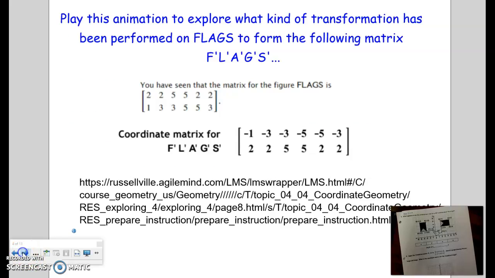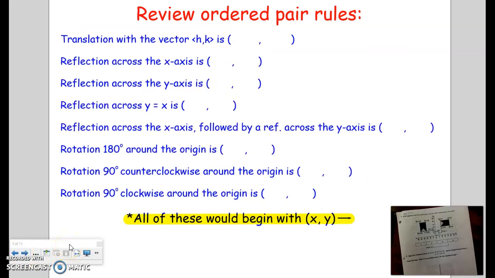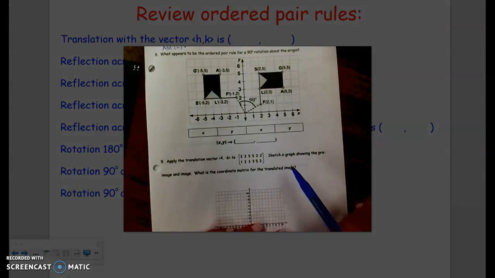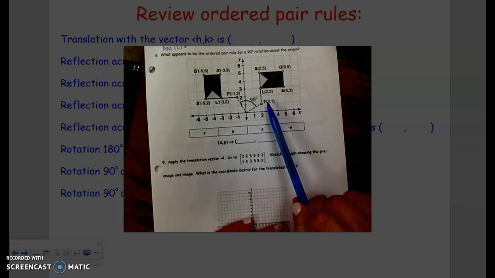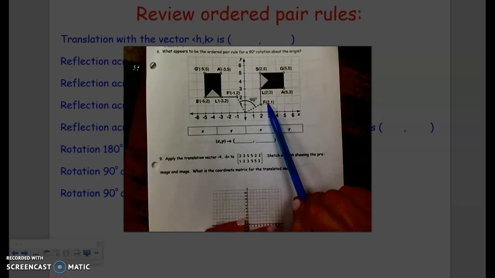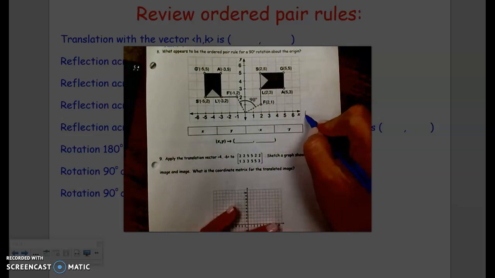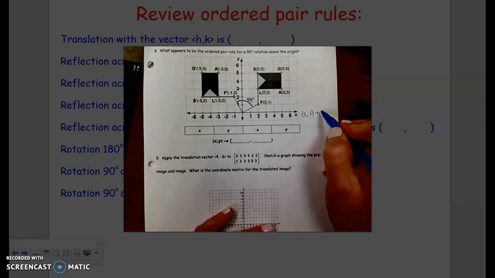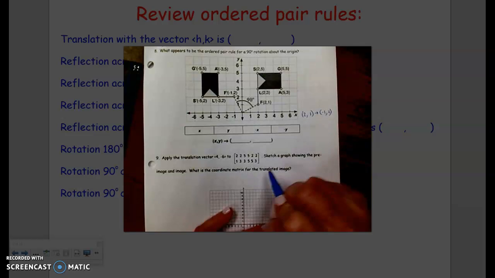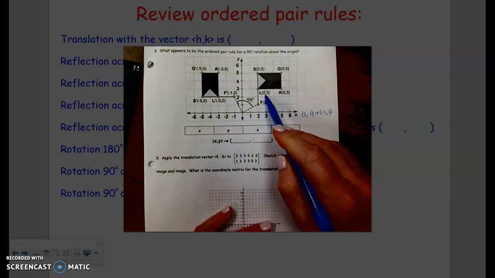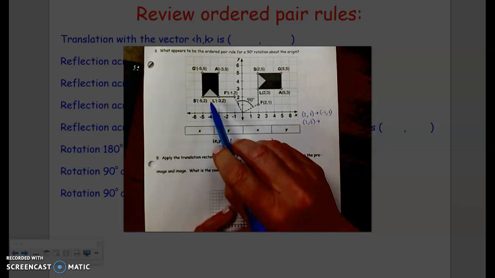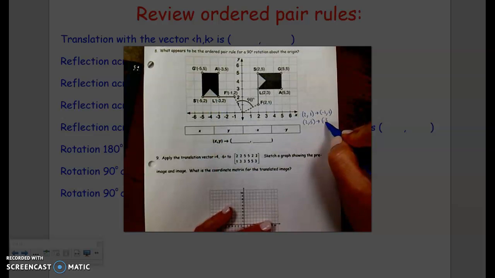So can we think of a rule that will satisfy that transformation? That's what we're looking at on our notes here. So let's look at our choices here. Notice the coordinates of F, that might help us: (2, 1) is being mapped to F prime, which has the coordinates (-1, 2). Let's put one more just to be a little helpful. L is (2, 3), and it maps to L prime, which is (-3, 2).